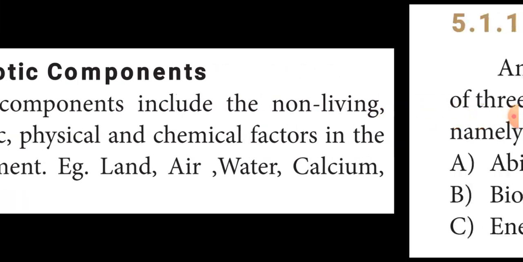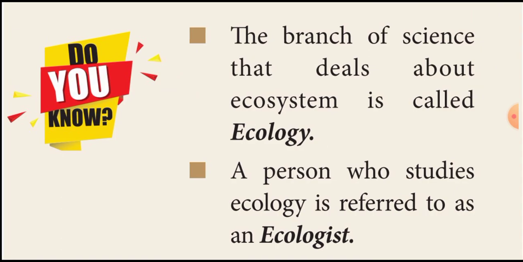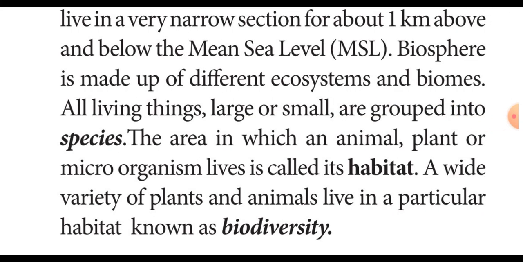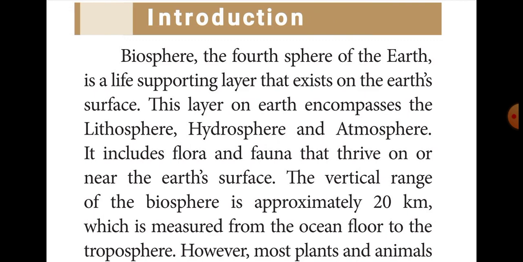Today's class we discussed the biosphere, isn't it? The biosphere is the part of the earth's surface and atmosphere in which plants and animals can live. It is the fourth sphere of the earth, where life can exist. It consists of the first three layers: lithosphere, hydrosphere and atmosphere.